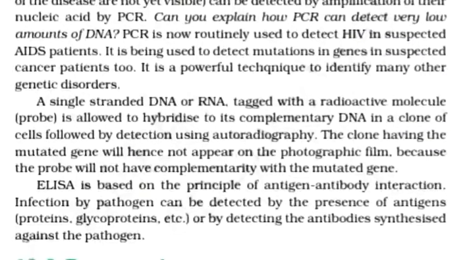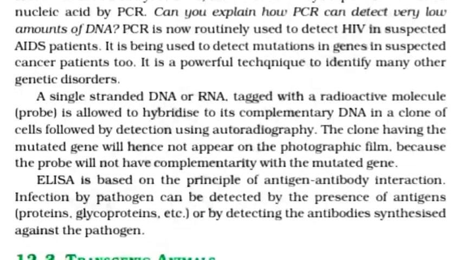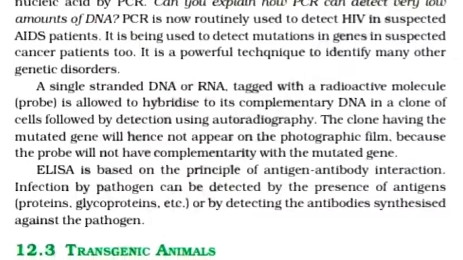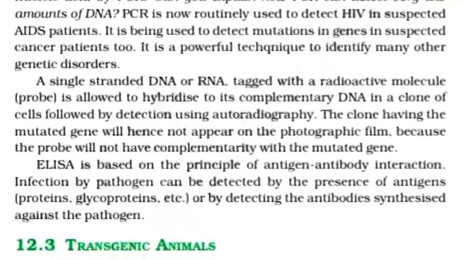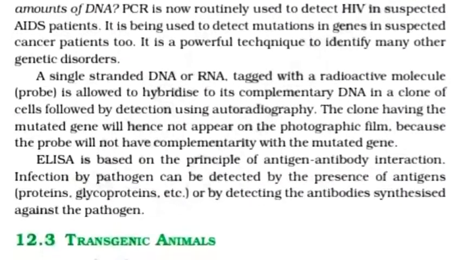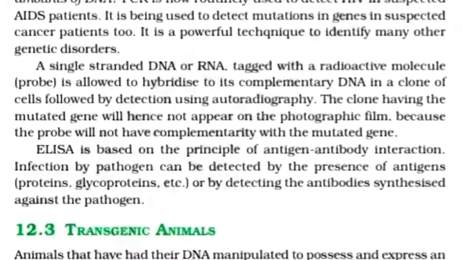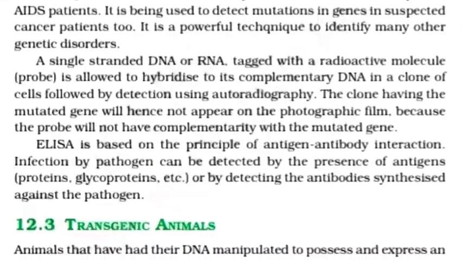A single-stranded DNA or RNA tagged with a radioactive molecule, a probe, is allowed to hybridize to its complementary DNA in a clone of cells, followed by detection using autoradiography.